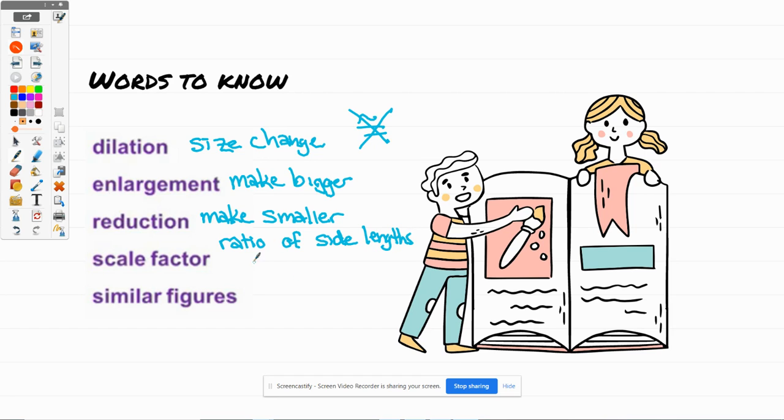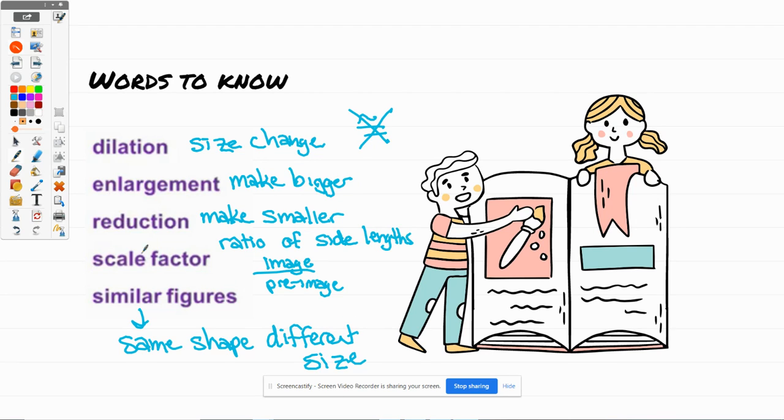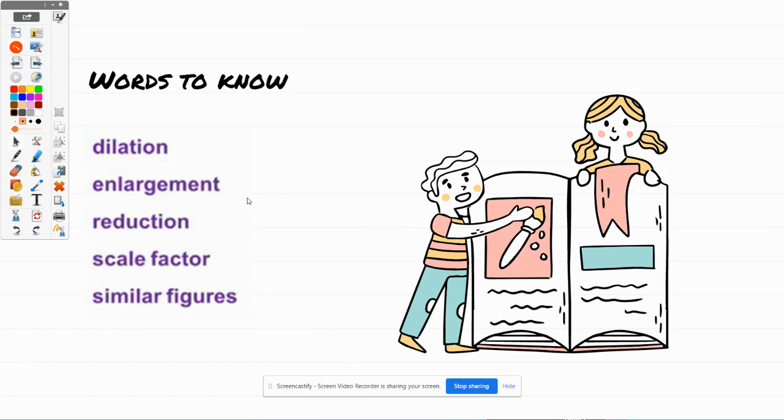The way we do that is the image length over the pre-image length, and we will actually end up simplifying that. And similar figures are figures that are the same shape, but a different size. So it looks like a bigger or smaller version of what you start with. So those are the vocab.